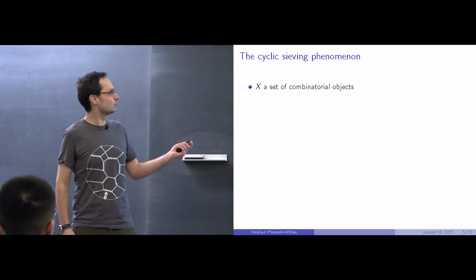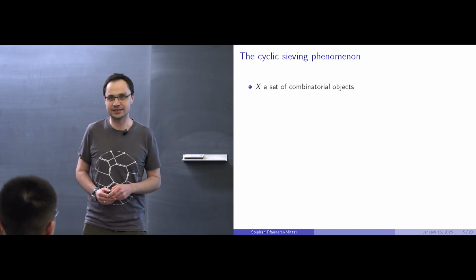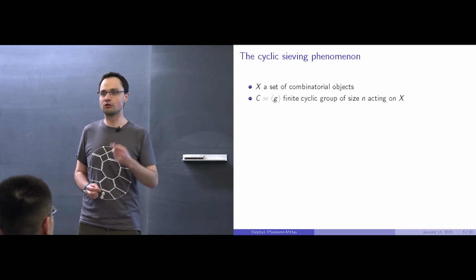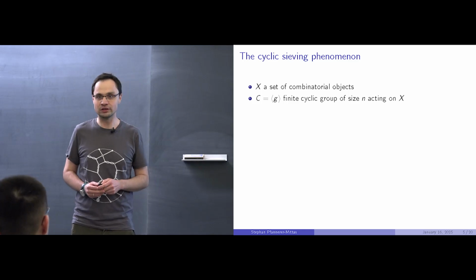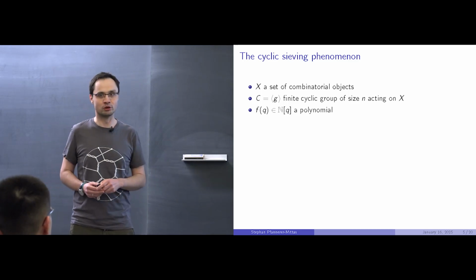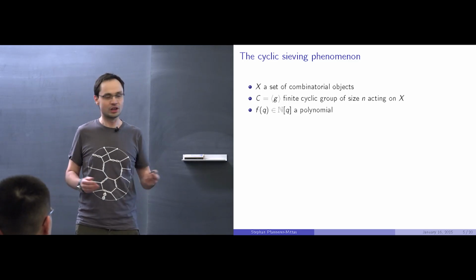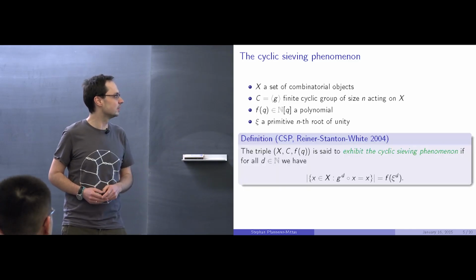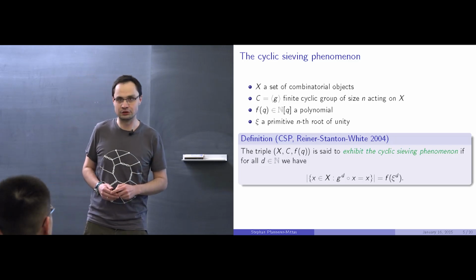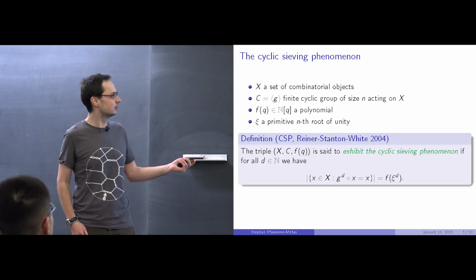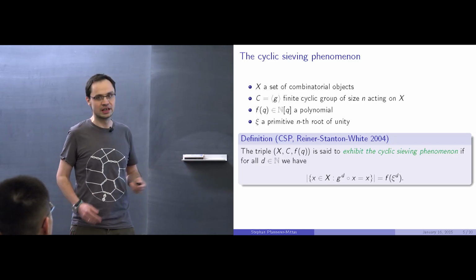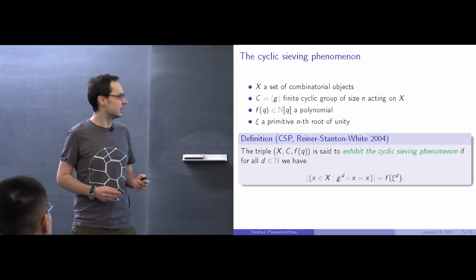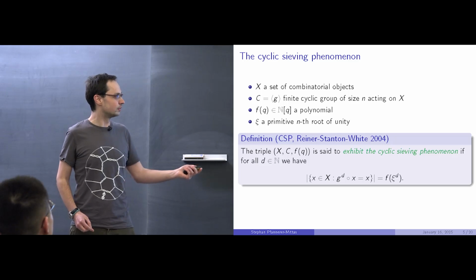And so in general, you have a set X, a set of combinatorial objects, and you have some cyclic group action of order n on them, and you have some polynomial. And then you take a primitive n root of unity, and the definition is that you say a triple consisting of that set, the cyclic group action, and the polynomial exhibits the cyclic sieving phenomenon if what you just observed is true.